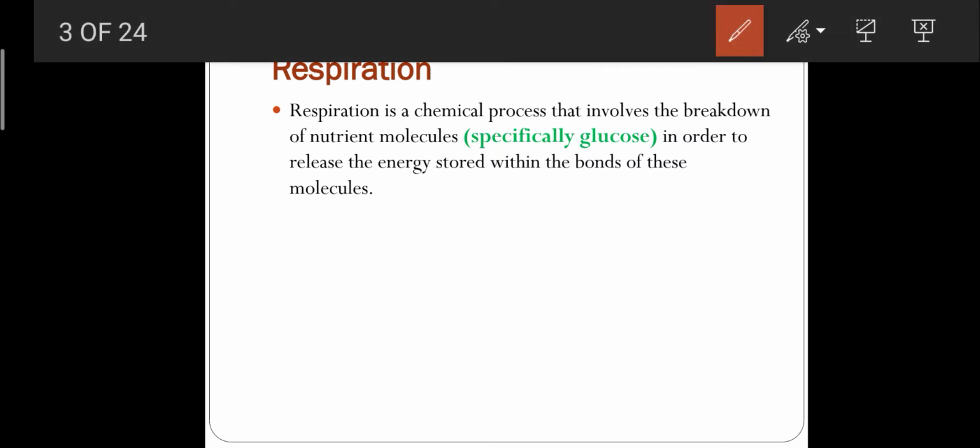So this whole phenomenon is known as respiration.